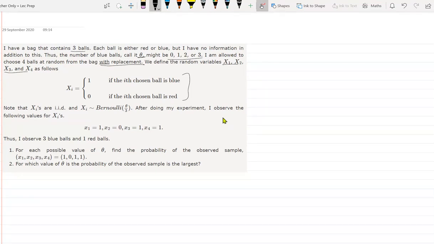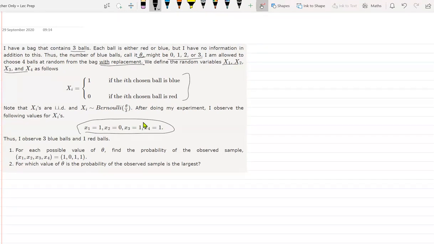After doing this experiment, you saw these values. In the first turn you saw a blue, third turn you saw a blue, fourth turn you saw a blue. So after seeing this, what do you think the value of theta should be? You have observed something.